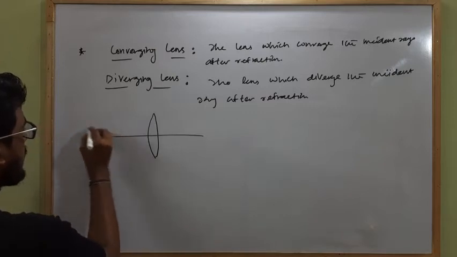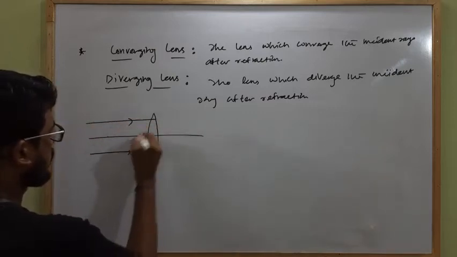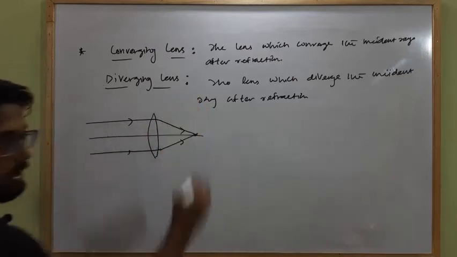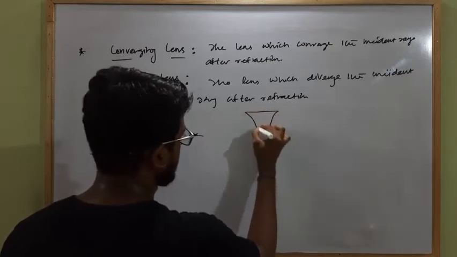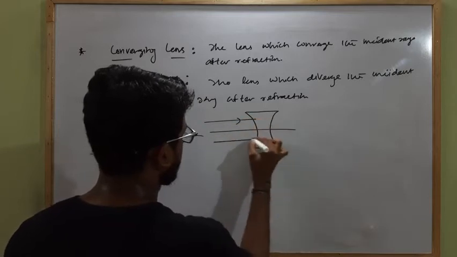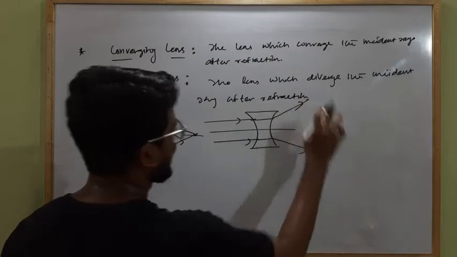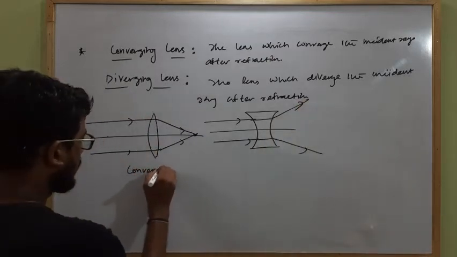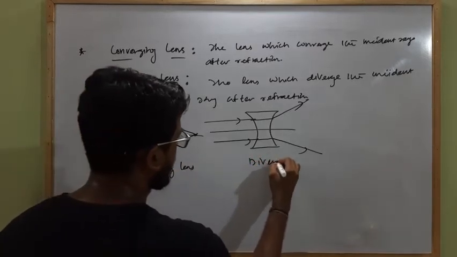If here is an object, incident rays are coming like this, so after refraction they will converge at this point. Clear? And if this is a lens, rays are coming like this, after refraction they will go like this, so they get diverged. So this is a converging lens, this is a diverging lens.